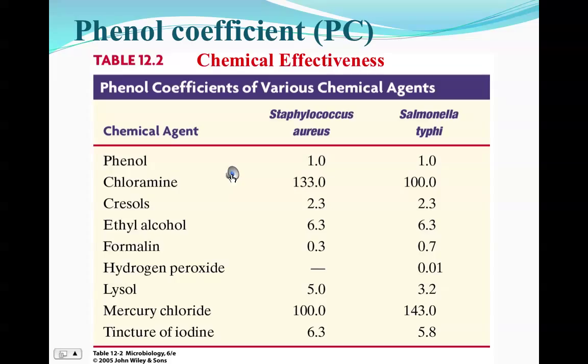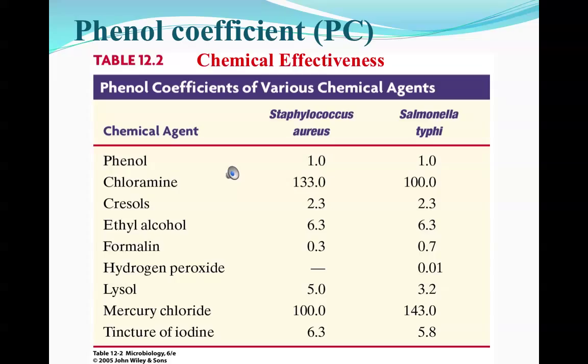Once we run our new disinfectant and determine its effectiveness against Staph aureus and Salmonella typhi and compare it to the effectiveness of phenol, we're going to essentially create a ratio or a coefficient of effectiveness. The phenol coefficient tells us if the material is better or not as effective as phenol. Notice that for phenol, we actually generate a phenol coefficient of 1.